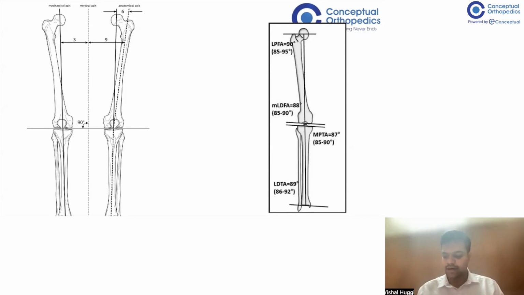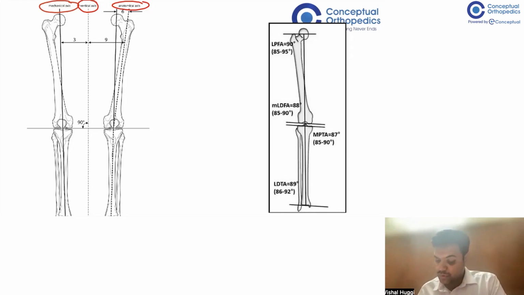We have the vertical axis, the anatomical axis, and the mechanical axis. Remember, these three axes are very important because all our arthroplasty is dependent on them, especially the knee.